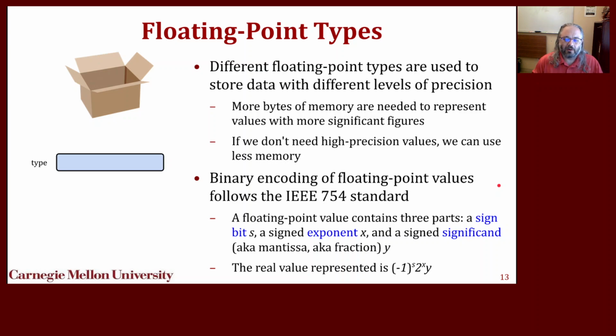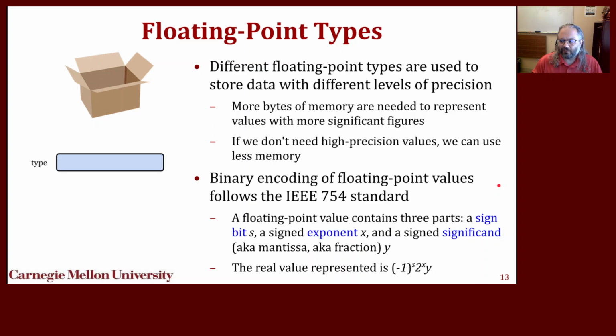And we need more bytes of memory if we want more significant figures before or after the decimal point. The encoding that most systems use, the encoding that's part of the C standard, is that floating point values are encoded as binary numbers using the IEEE 754 standard.